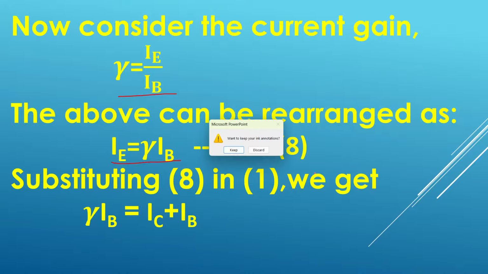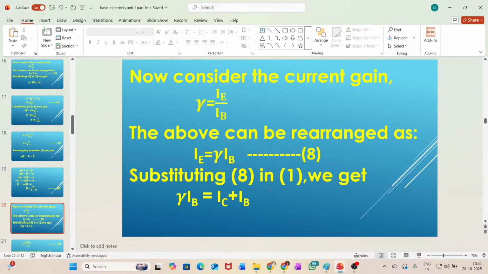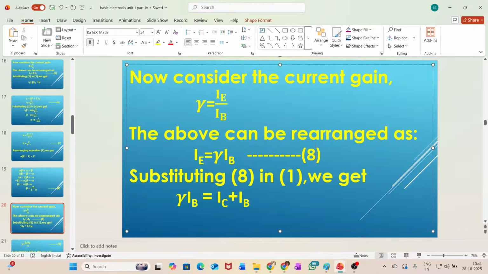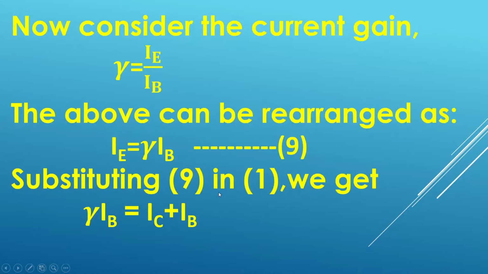Once again, I will change the numbering of this expression, because this number should be 9 and this number should also be 9. So gamma equal to IE by IB, so IE is equal to gamma into IB. That is our expression 9.